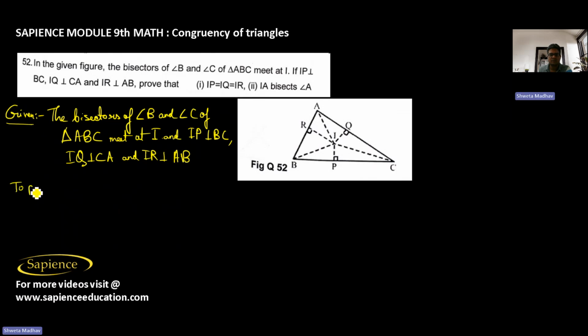Then we have to prove, first, that IP equals IQ equals IR, and second, that IA bisects angle A.